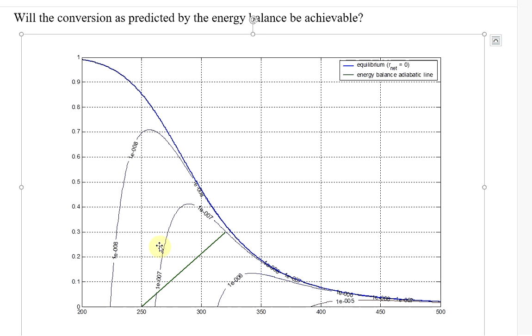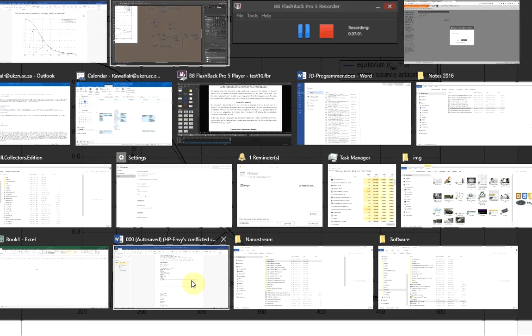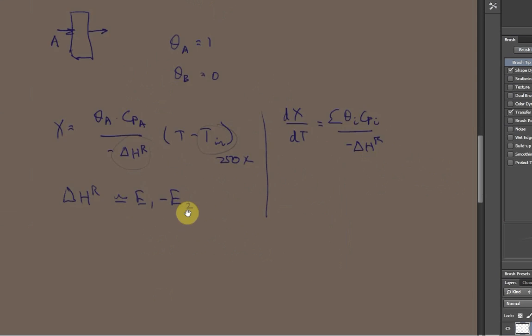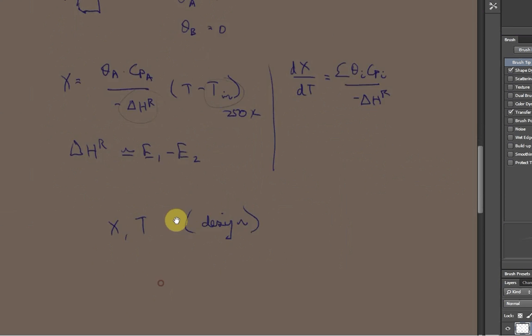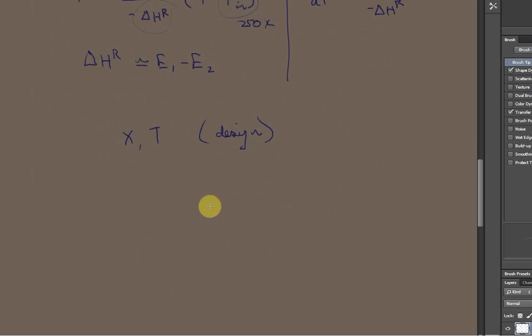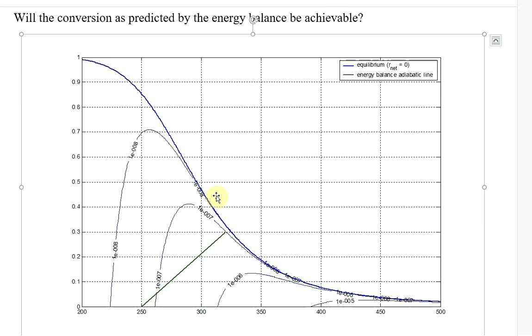So we can use this plot and look up those two values. So we can say X and T are now known. Well, they are designed, right? So we pick values X and T, and we can then determine the volume required for that reactor.